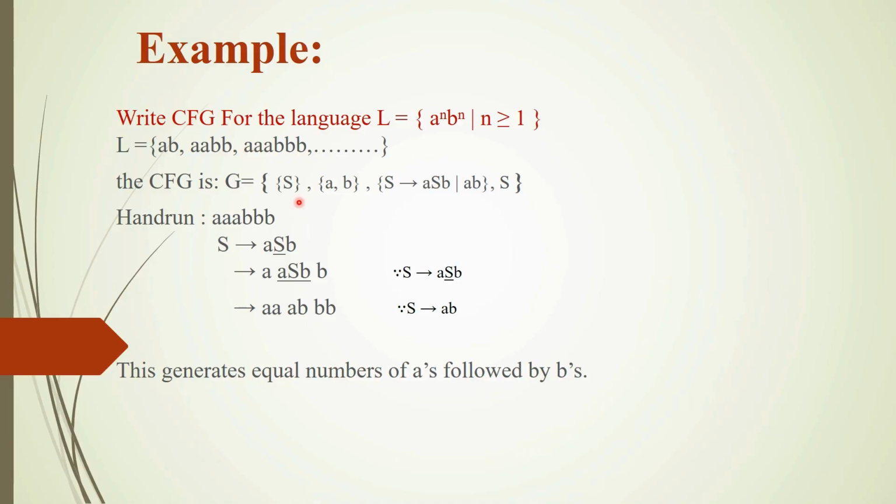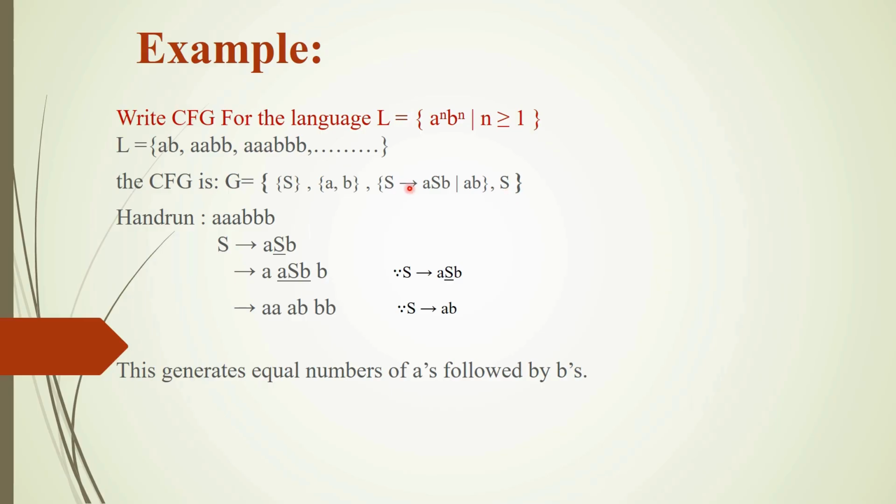By using this grammar you can generate strings which fulfill the condition given in the problem statement. So you define your variable V as S, then your terminals are a and b, then these are the production rules designed for this problem statement, and this is your starting point S.